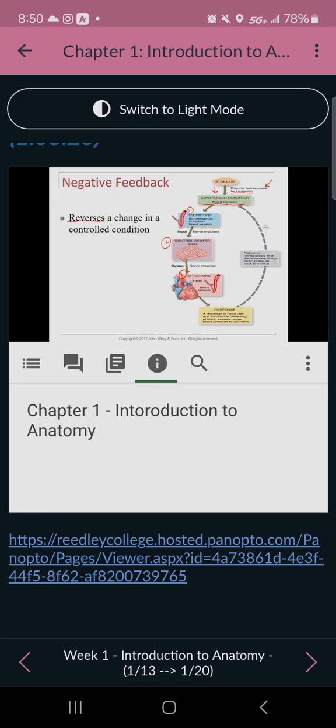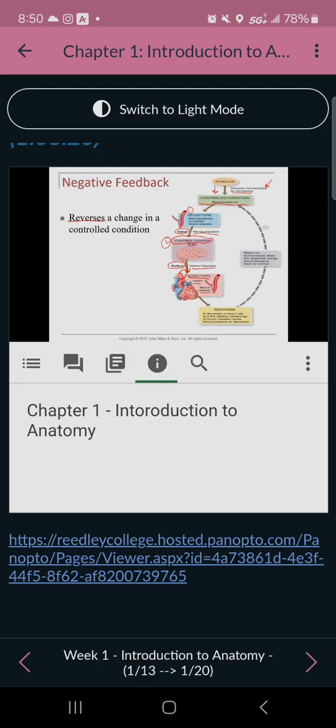The baroreceptors send nerve impulses, which is the input, to the brain, which is the control center, which interprets the impulses and responds by sending nerve impulses, so the output is in the form of nerve impulses, to the heart and the blood vessels, which in this case are the effectors.